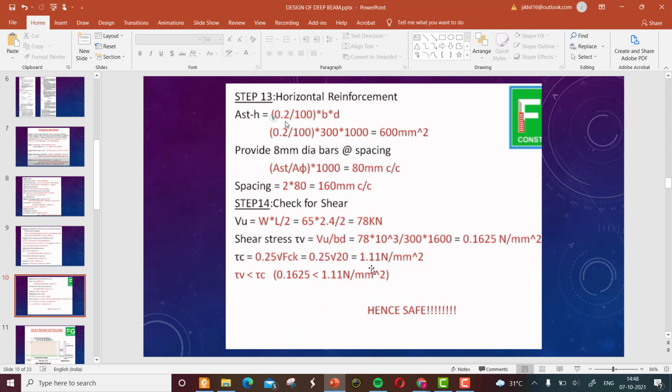The tau c value is 1.11 Newton per mm². So as tau v, that is the actual shear stress, is less than the allowable shear stress of 1.11, this design is safe for the shear.